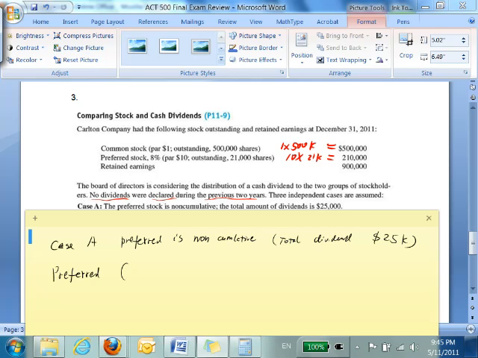So the total preferred stock par value is $210,000. And it is 8% dividend rate, times 8%. It equals 16,800 total.